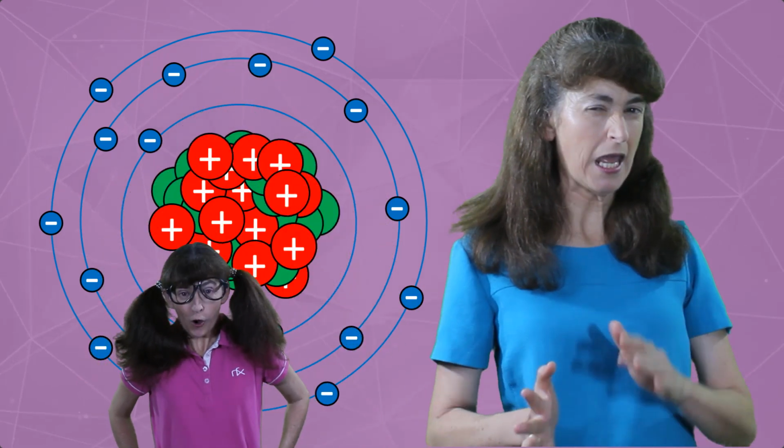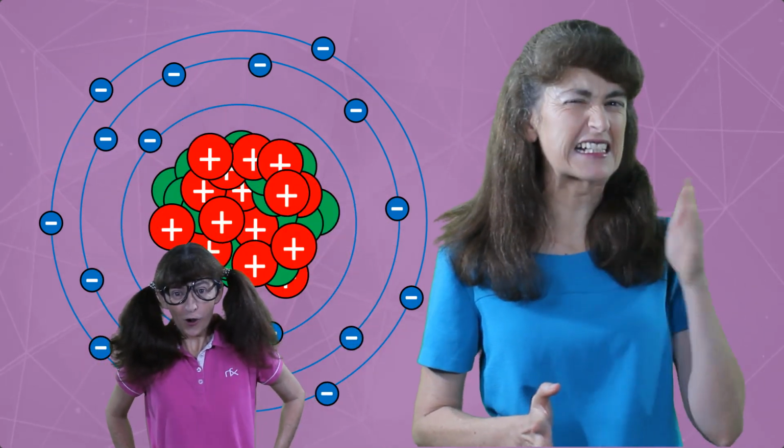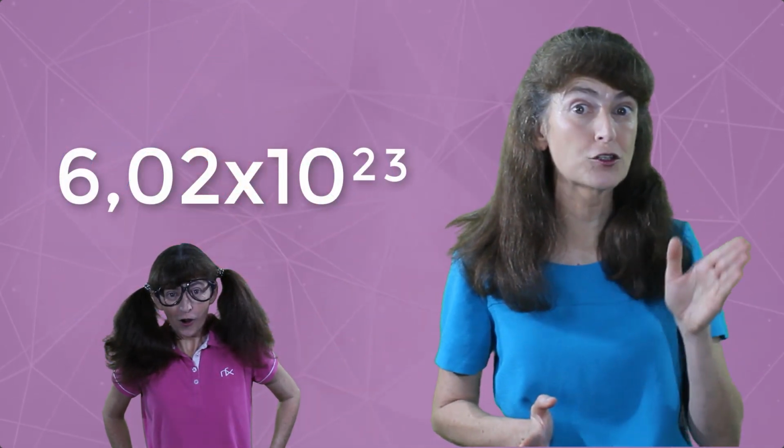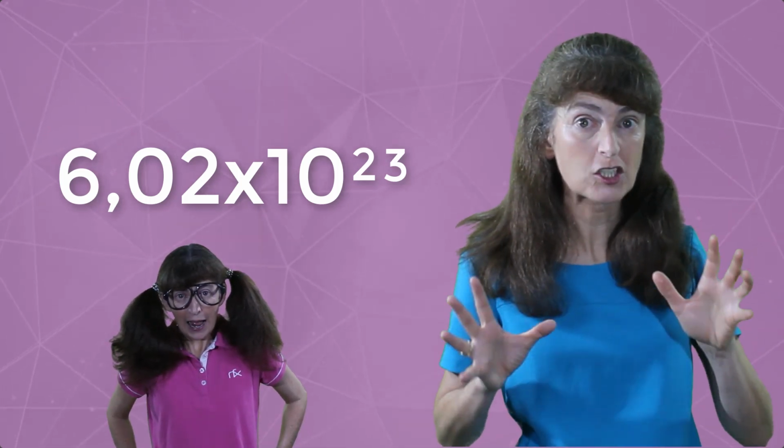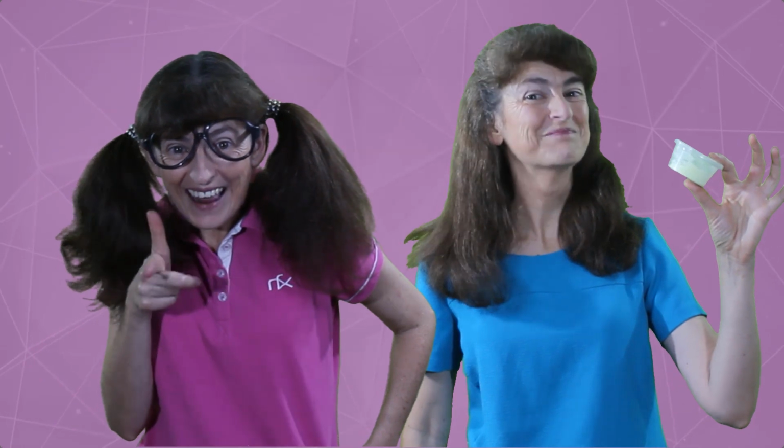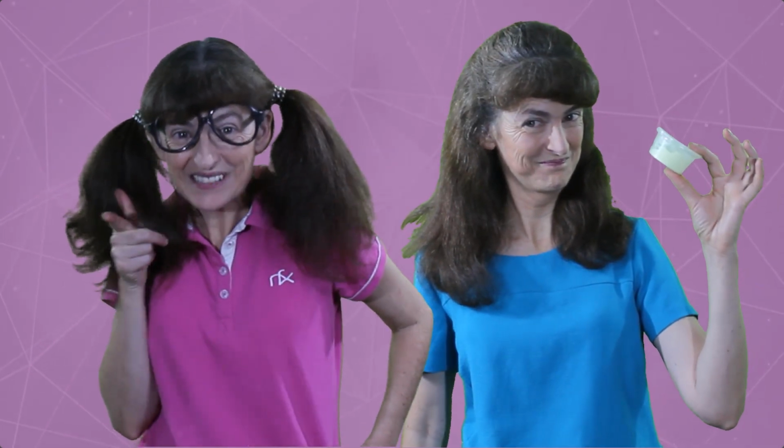Now, if you could count out exactly 6,02 times 10 to the power 23 sulfur atoms, then how much sulfur would you have? A lot? Well, you would certainly have enough to be able to see. In fact, here we have them. There are Avogadro's number of sulfur atoms in there?